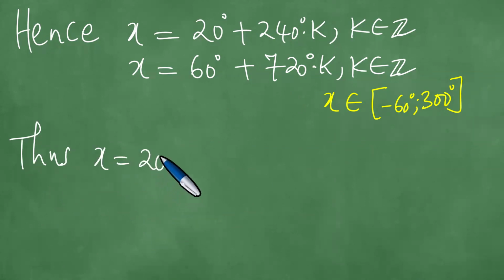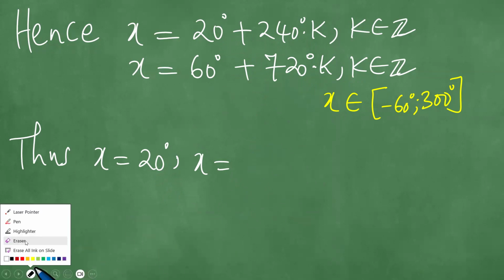Thus, x is 20 degrees, right? When we put k equals 0 here, 0 times 240, you get 0 plus 20 degrees, which is 20 degrees. Here, if k is 0, you have 0 times 720, 0, which is 60 degrees here.